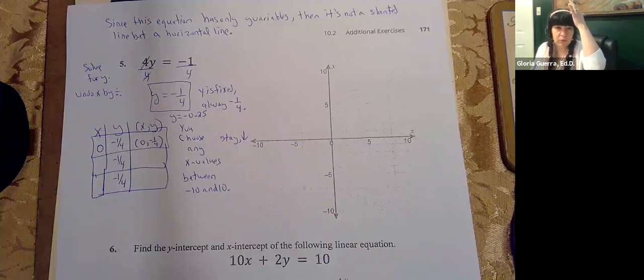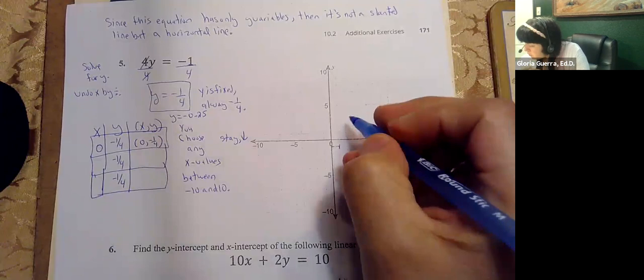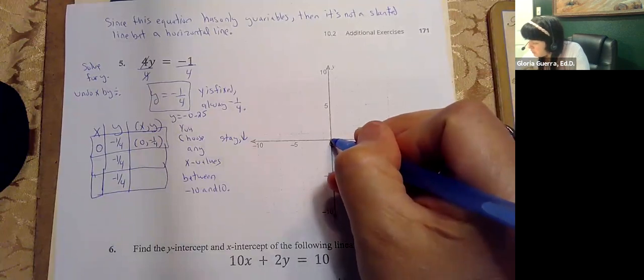It's going to want the -1/4, but it still gives you an idea of how you want to go down just a little tad bit, because here's -1. So you're at 0, you stay, and then you go down just a pinch, right? Just a little bit there.